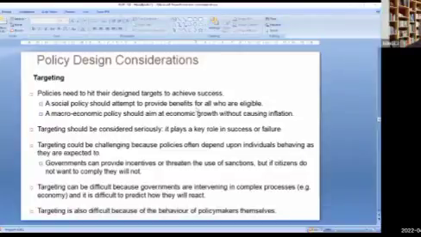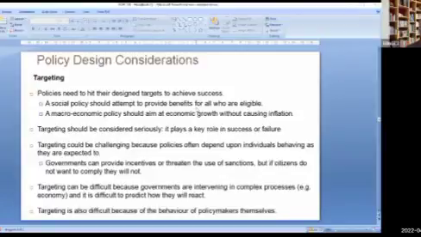Social policy should attempt to provide benefit for all who are eligible. For example, macroeconomic policy should aim at economic growth without causing inflation. So if you are putting in place a policy to enhance economic growth, that should happen without causing other problems like inflation. Nigeria is a very good example.